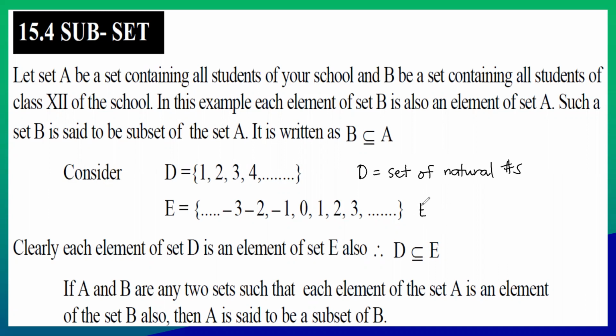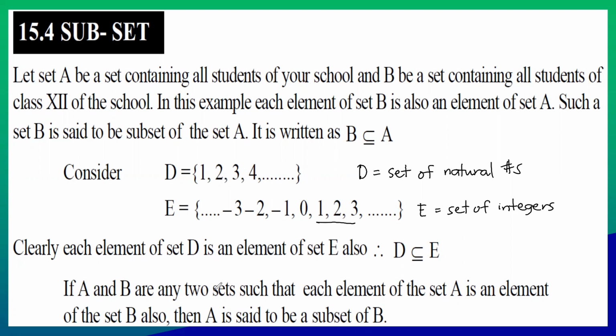And for set B, we have the set of integers. Clearly, each element of set A is an element of set B. We know that all natural numbers are part of the set of integers. So therefore we can say that set A is a subset of set B, since all elements of set A are in set B.